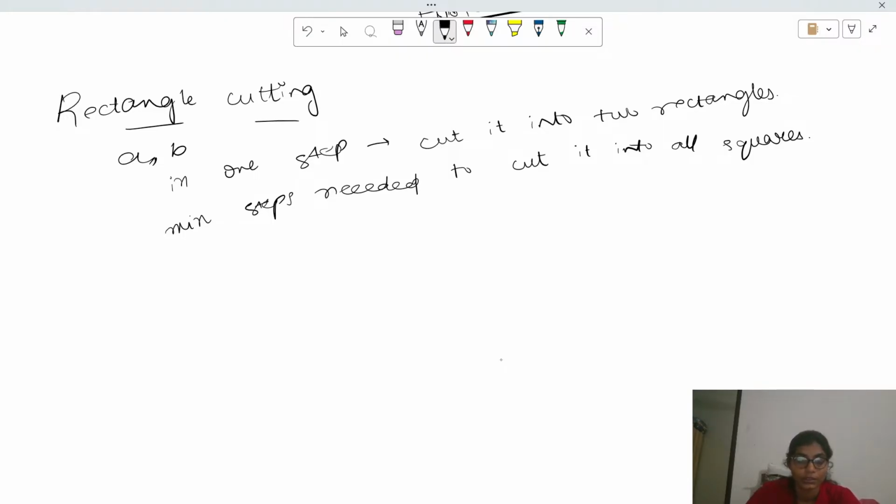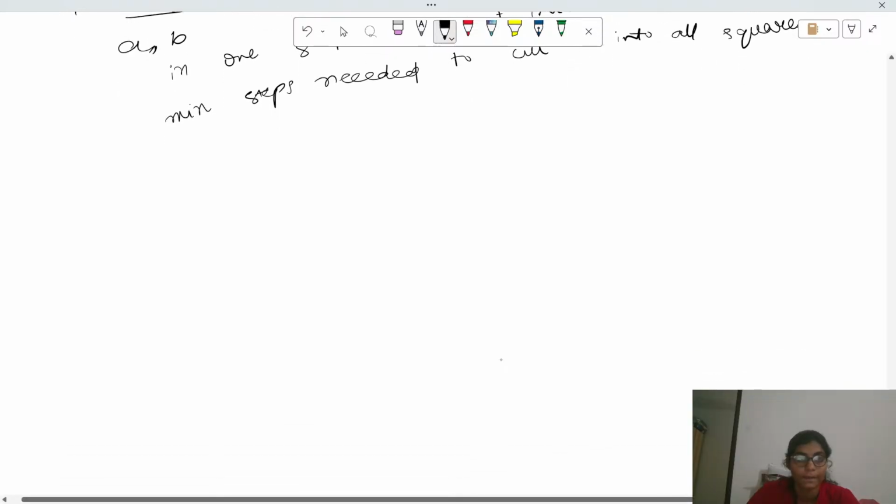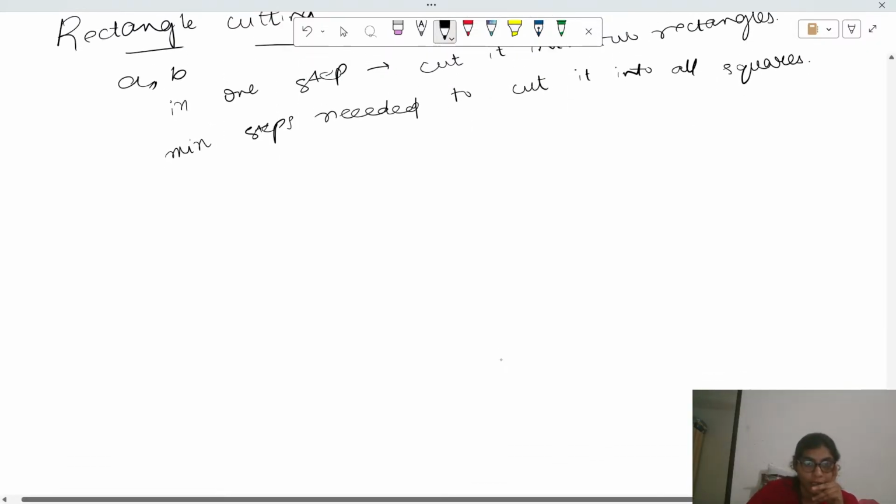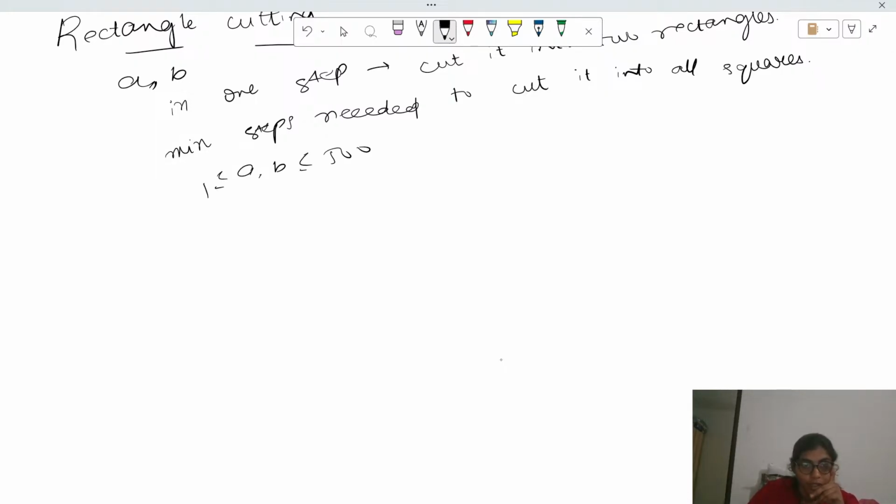So let's think how we can solve this. A and B are at most 500, so the time complexity can be big O of A into B, that is 250,000, and that can be into A, 250,000 into 500, which is 125 into 10 power 6.